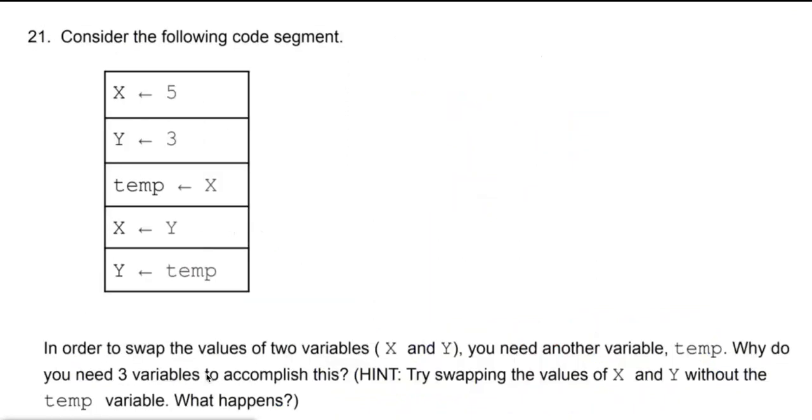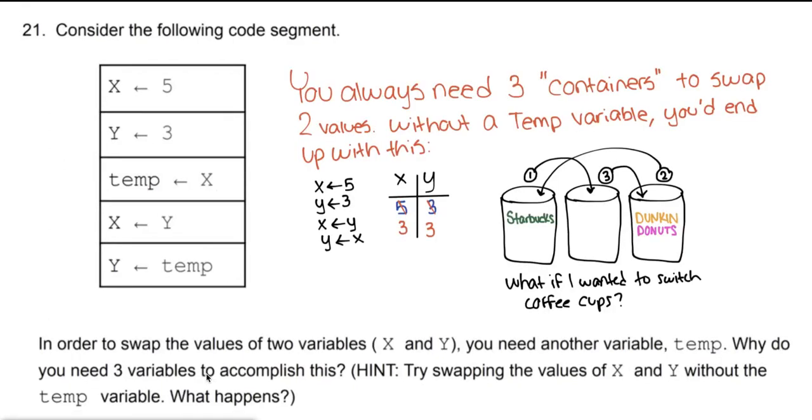And then for the last question, this is trying to think about why you need temp to switch two variables and why we need a third variable to switch two variables in general. So as we can see here, if I took away the temp, I would just be left with x is stored as 5, y is stored as 3, and then x is stored as y and y is stored as x.